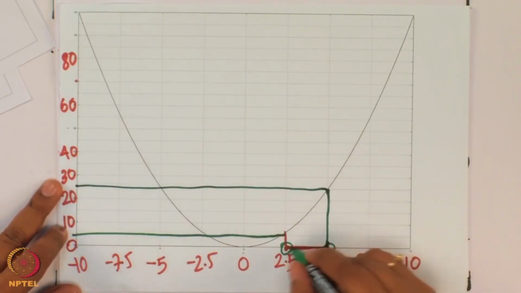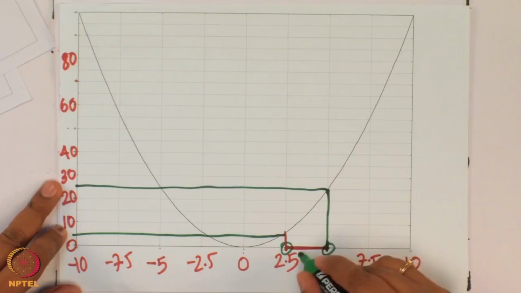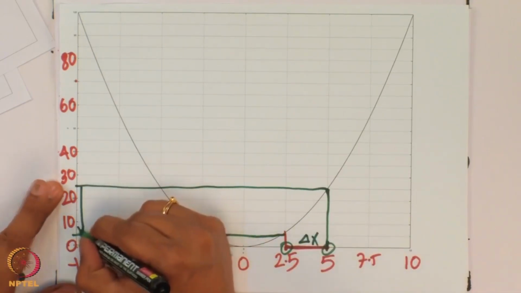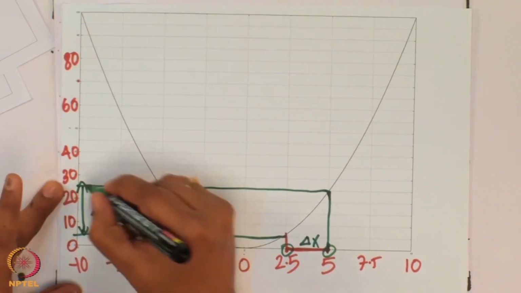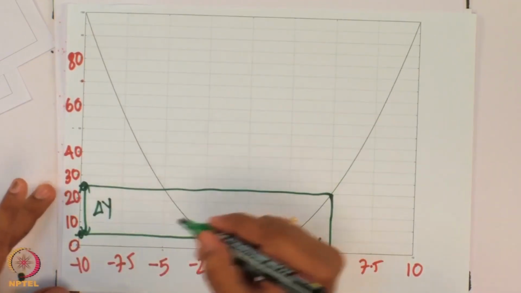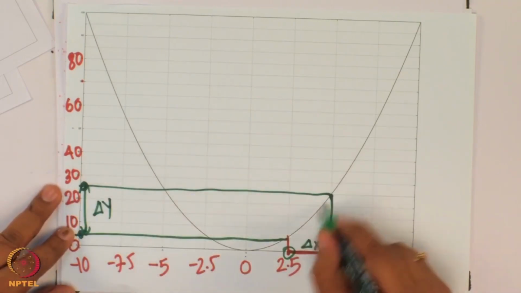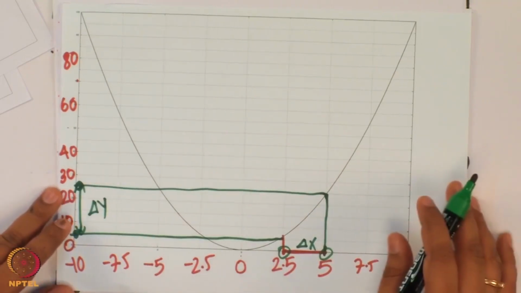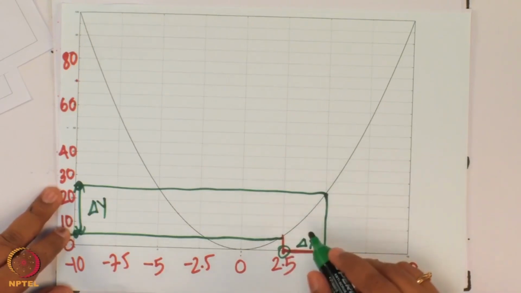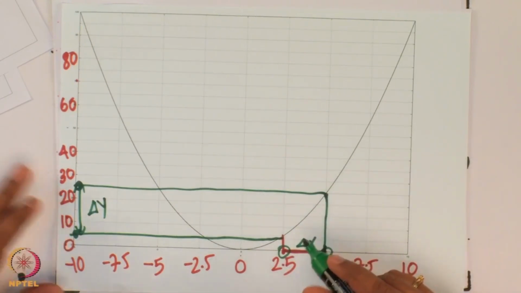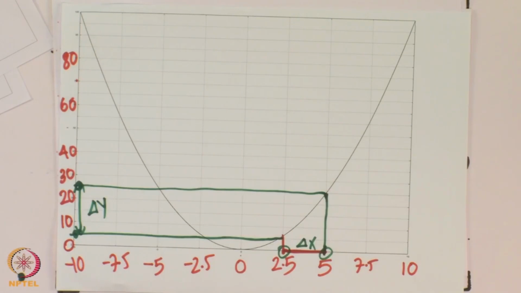If I take these two x values, which is my delta x, this is the corresponding y value, and this is my delta y. So calculate this difference and divide. That would be the slope. That is one way of calculating the slope. So let us do that.